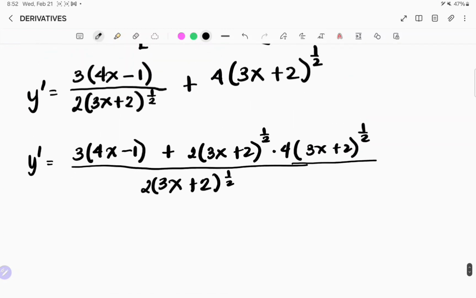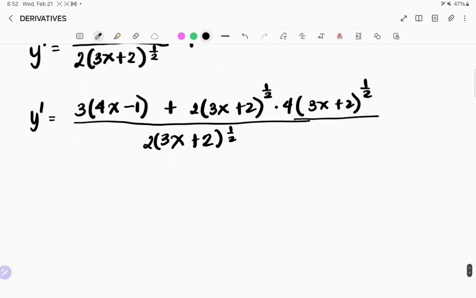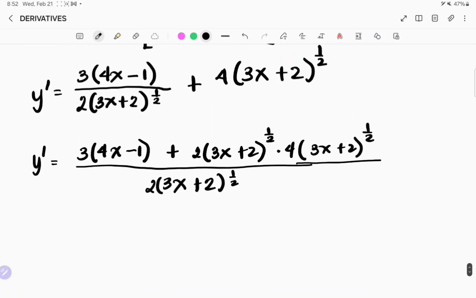Now, let's simplify further. We can see that at this part, we have to distribute our 3 inside. And then we have to multiply this 2 to our 4. And multiply this quantity to this quantity.